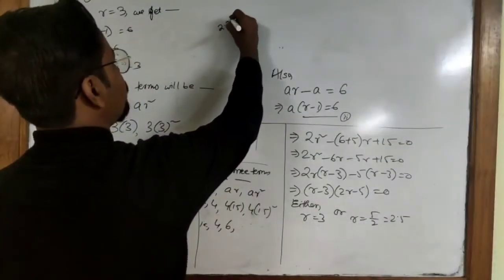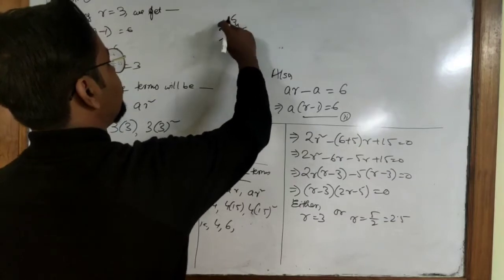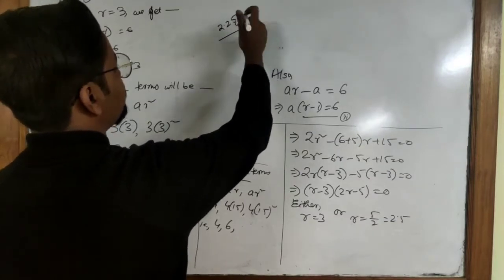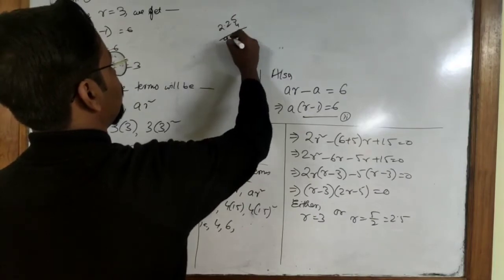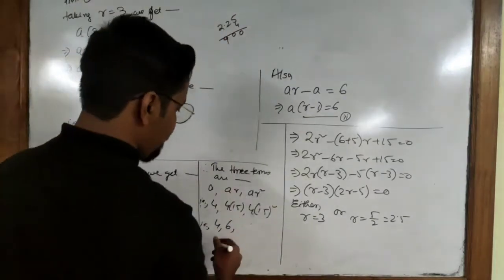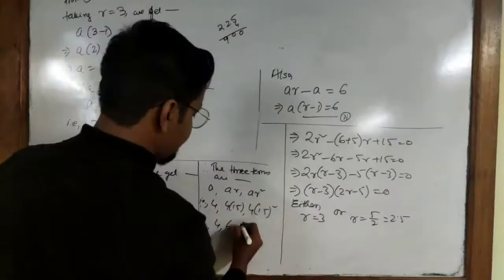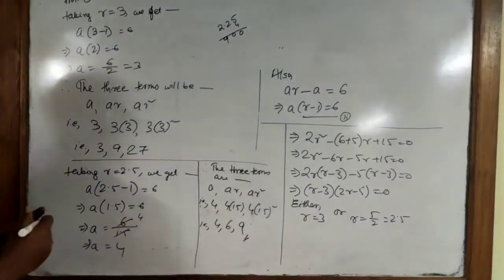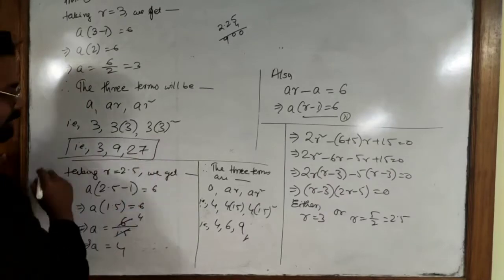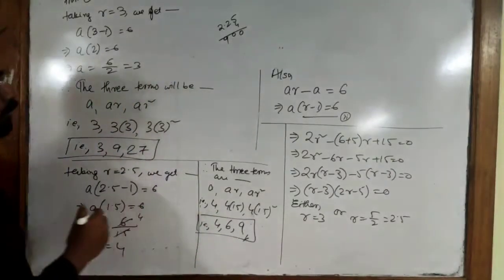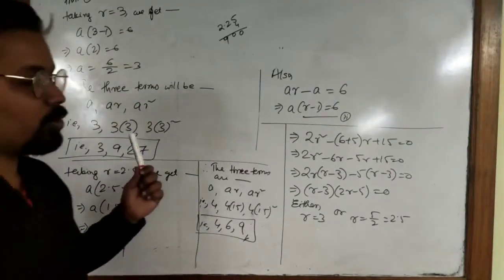So 2.25 into 4 is 9. So either the terms are going to be 3, 9 and 27 or they are going to be 4, 6 and 9. So I hope this one is clear.